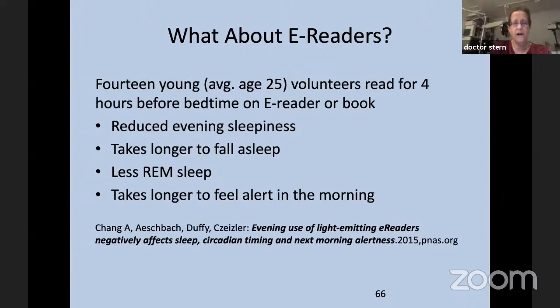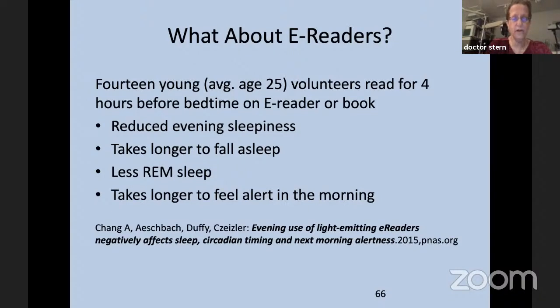They did find that with 25-year-old volunteers, if they read for 4 hours, I don't know who has 4 hours before they go to sleep, but they reduced their evening sleepiness. It took longer for them to fall asleep. They had less REM sleep, and it took longer for them to feel alert in the morning.